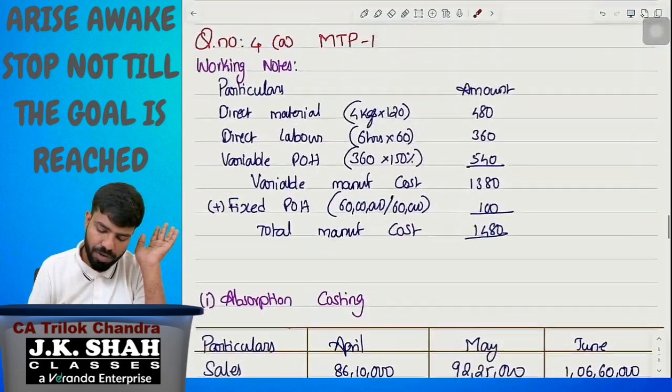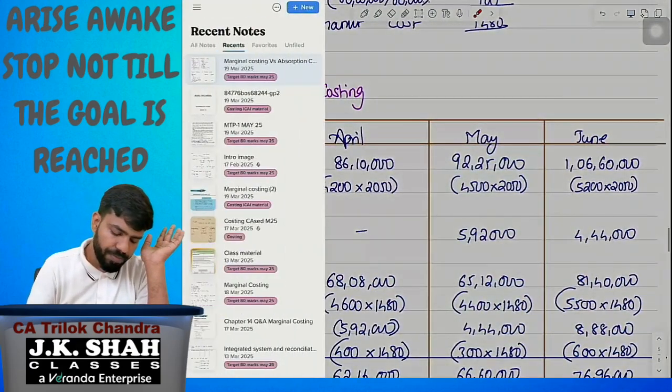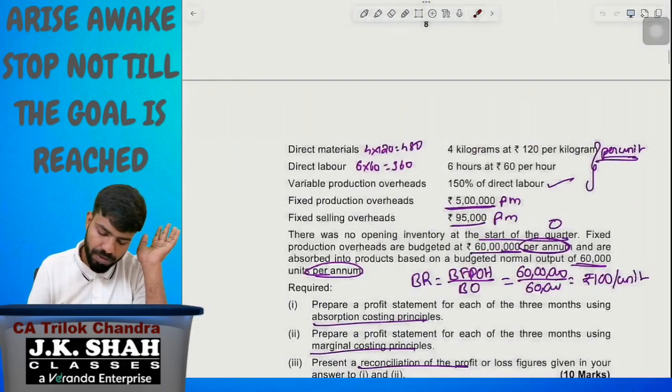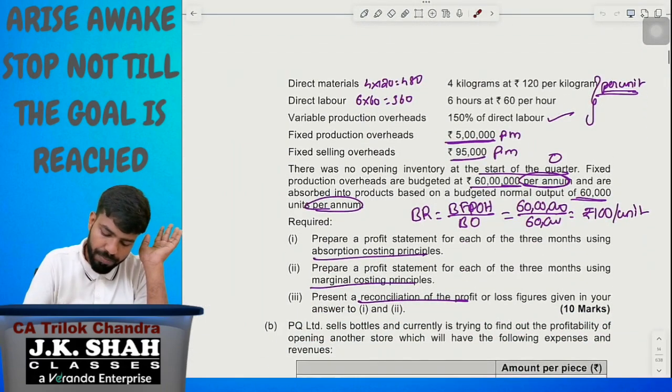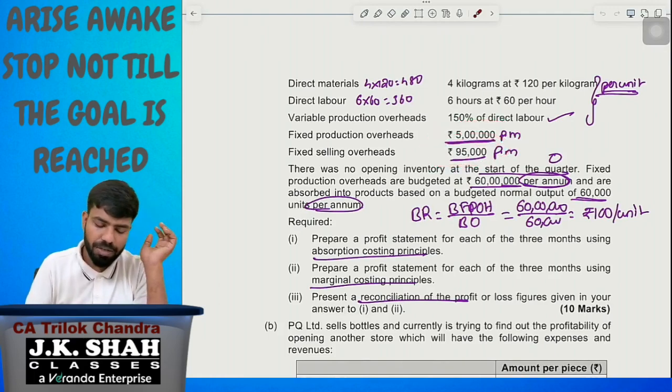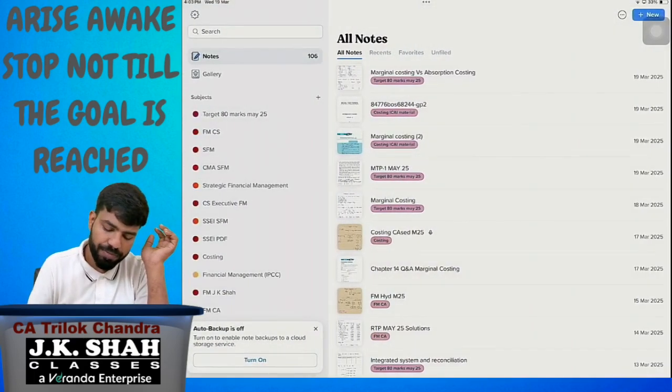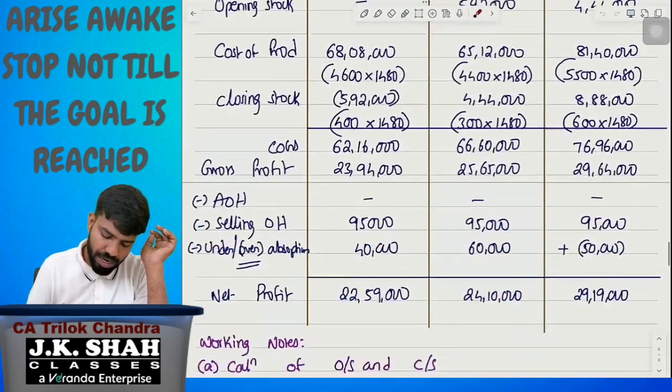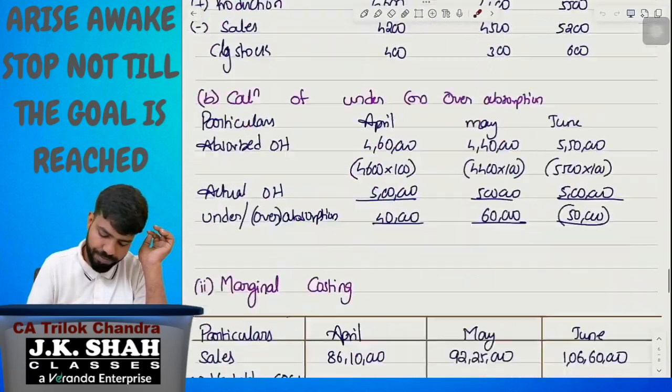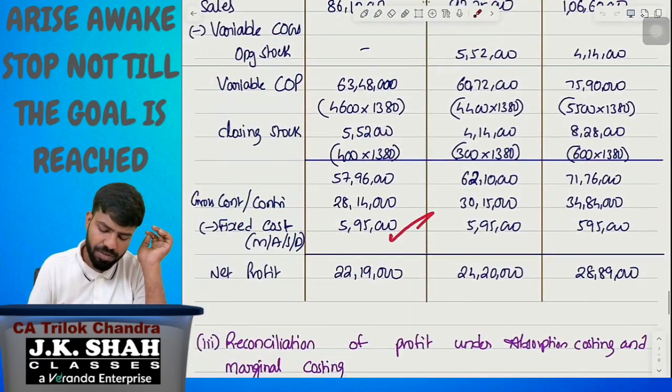Look at the question. Fixed cost is 5 lakh rupees production, 95,000 selling. Totally it comes to 5 lakh 95,000. I have taken the same thing here. After 5,95,000 we will be getting profit of 22 lakh 19,000.